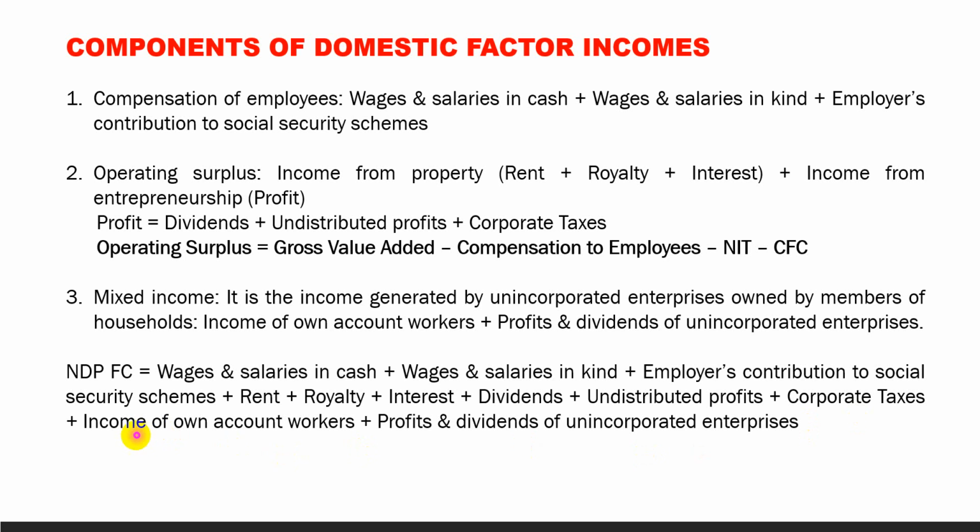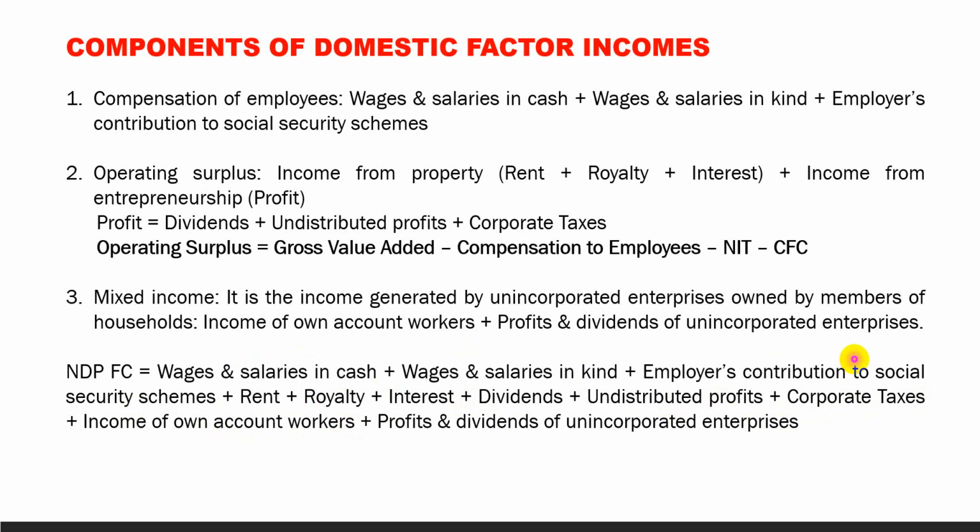And income from own account workers plus profits and dividends of unincorporated enterprises. These two are the elements of mixed income. These three are the elements of profit. And rent, royalty, interest, dividend, undistributed profits, and corporate tax are the elements of operating surplus.